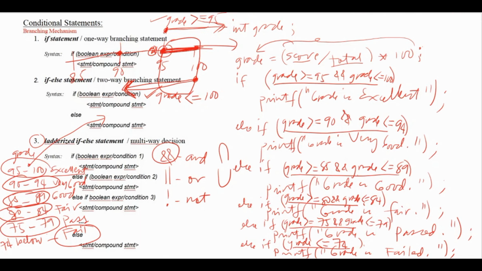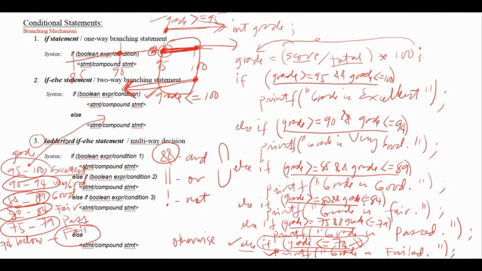Now, why do we put here a condition? Why not just say else, no condition, and then direct to printf? If there is no condition here, then if grade is above 100, this will be executed because this is equivalent to otherwise.